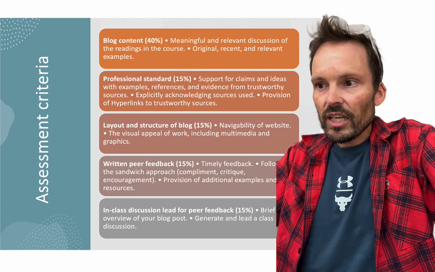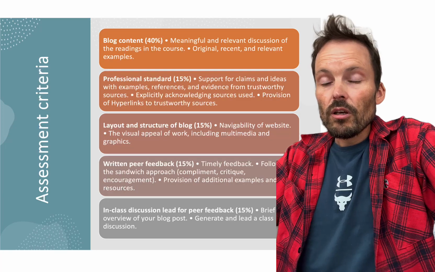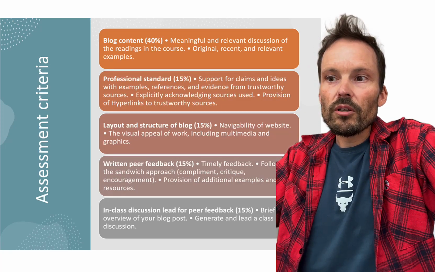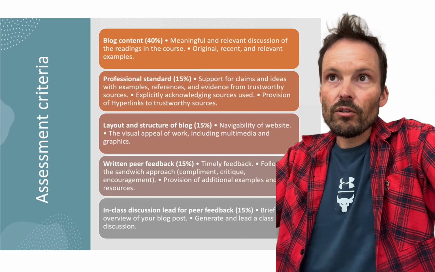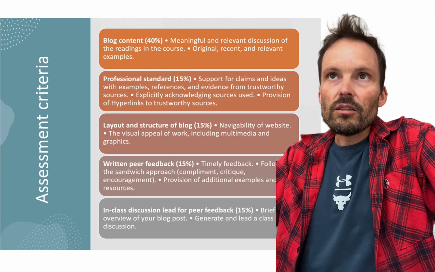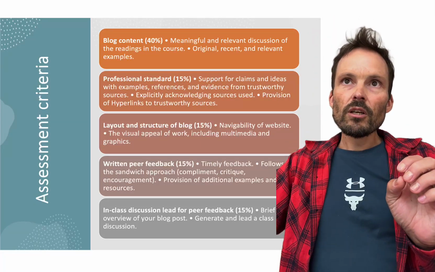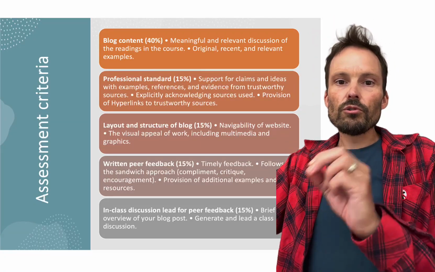The next one there is explicitly acknowledging sources used. What I am talking about there, and I recommend that you go and have a look at my blog, has to do with how you structure your writing.